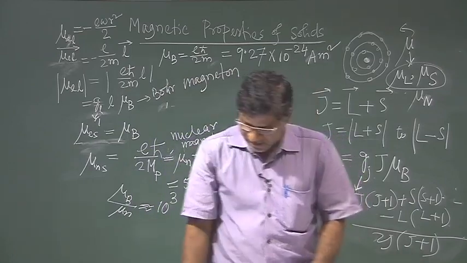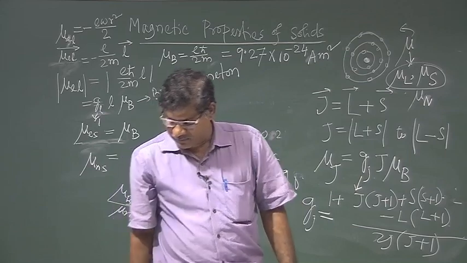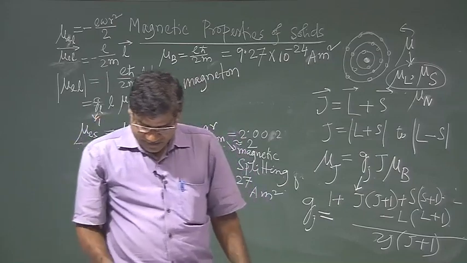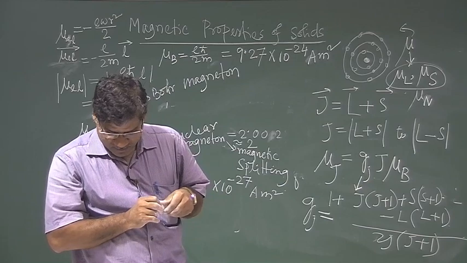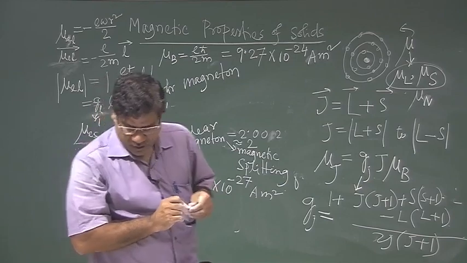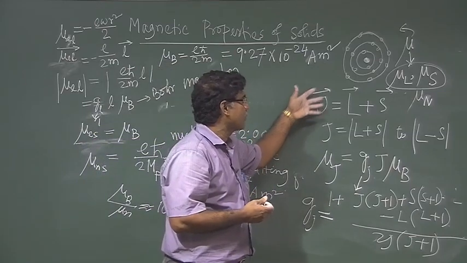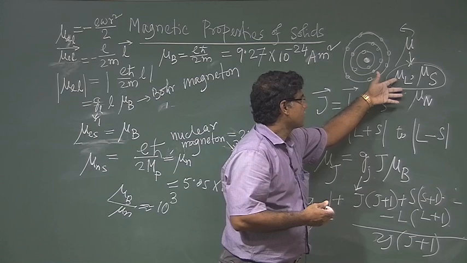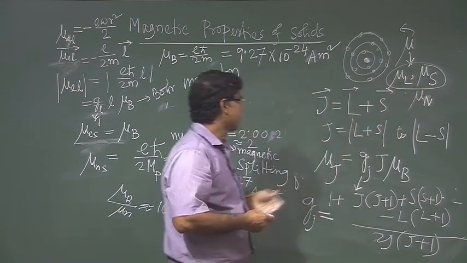Thus you can get the magnetic moment due to angular momentum, which is of three kinds: orbital angular momentum, spin angular momentum and total angular momentum.